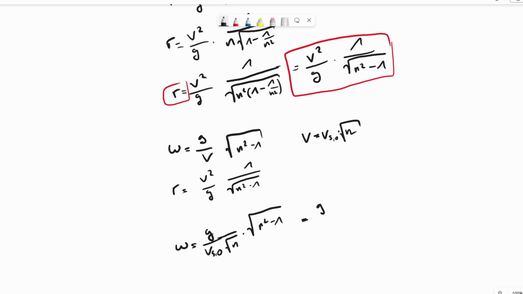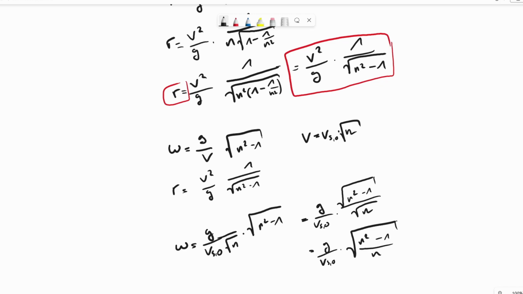Omega is hence g over v s0 times the square root of n squared minus 1 divided by n. We can write this under the same square root, so we make a big one out of it. n squared minus 1 divided by n.